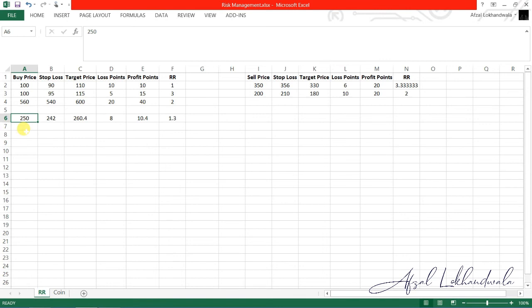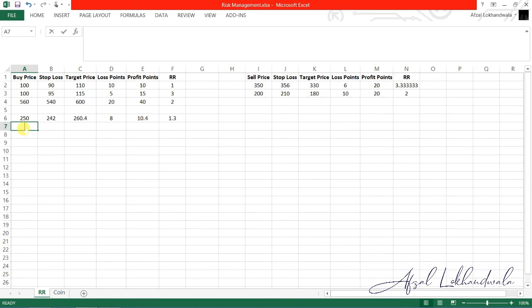So as soon as you enter this trade, you have to place the stop loss order as well as the target order immediately. No if, no but, immediately. And when the price hits that level, you should exit that trade. No greed, no fear, no hope. Strict risk management system.